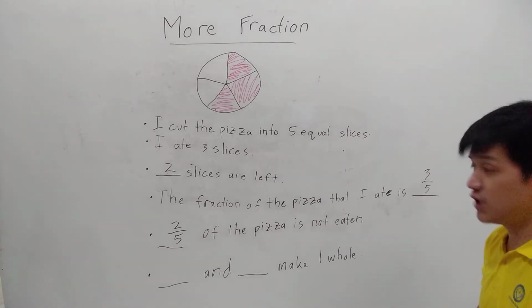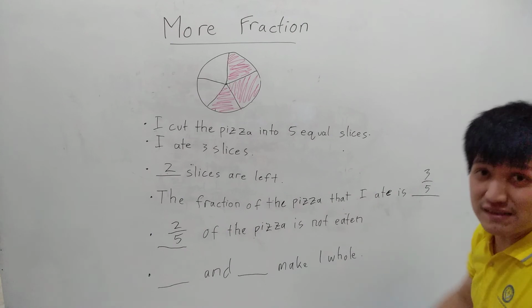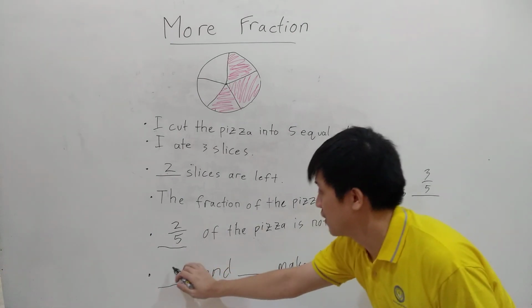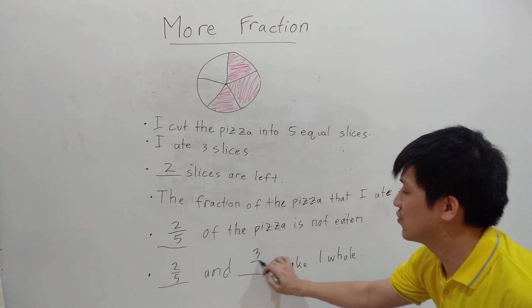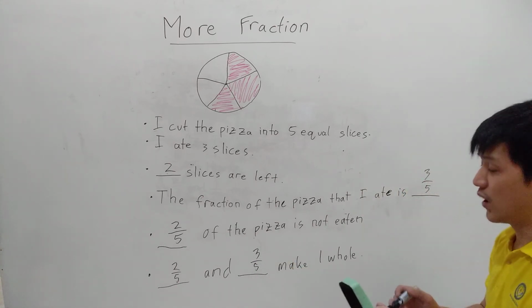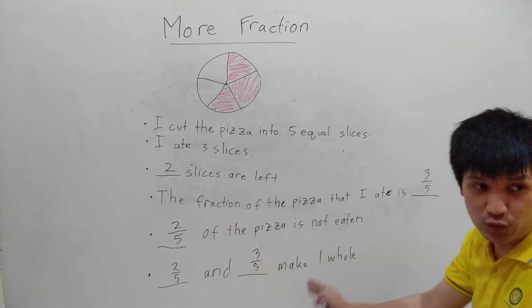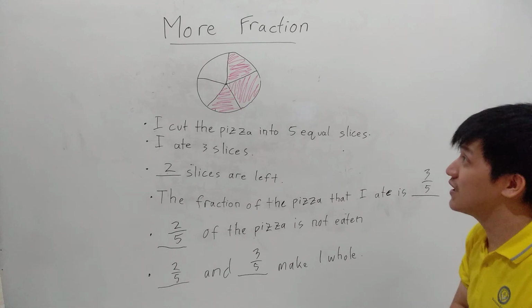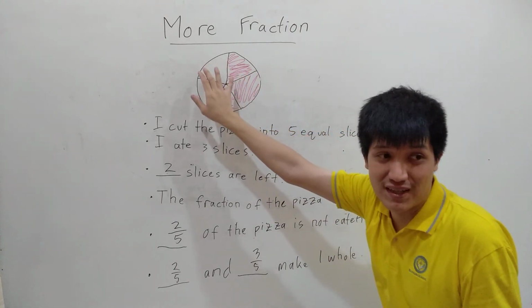So, according to this pizza, we know that 2/5 and 3/5 will make 1 whole. You can switch it around, 3/5 and 2/5 will make 1 whole, also fine. The point is, we combine the one that is eaten and the one that is not eaten.